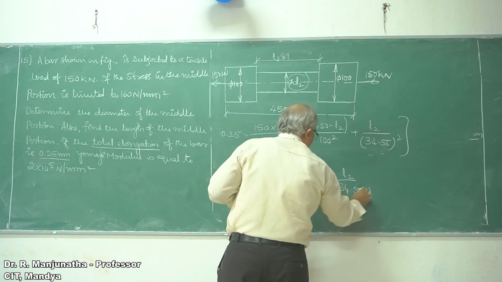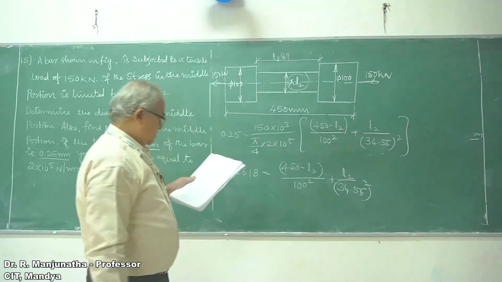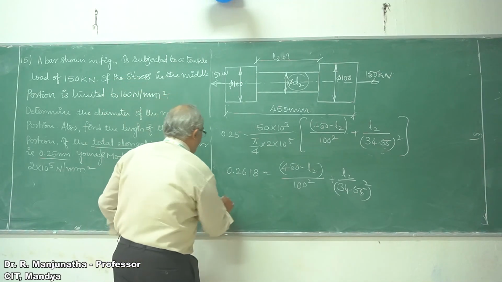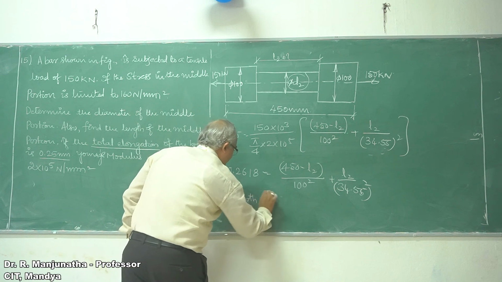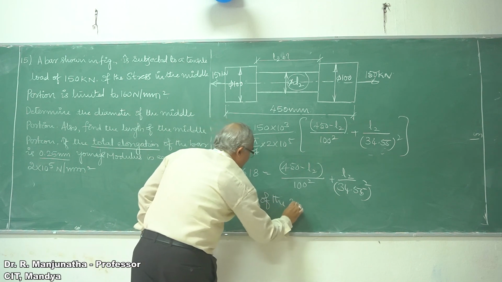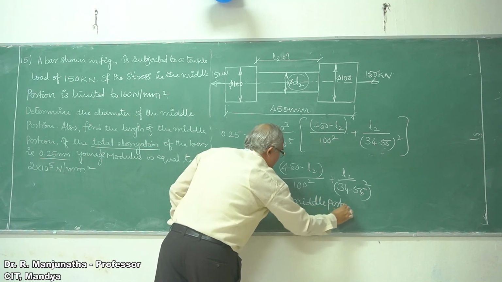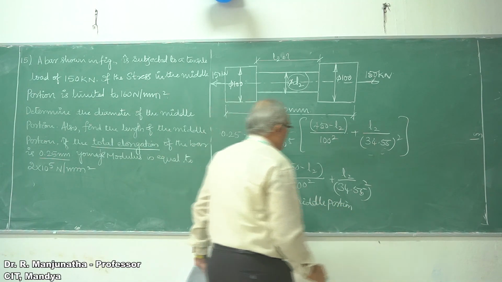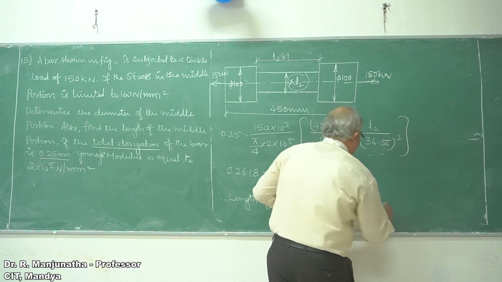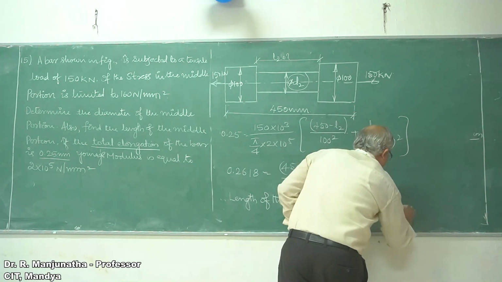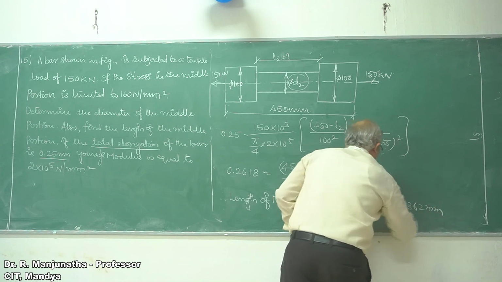So on simplification, the length of the middle portion, L2, will be equal to 293.862 mm. So this is going to be the final answer.